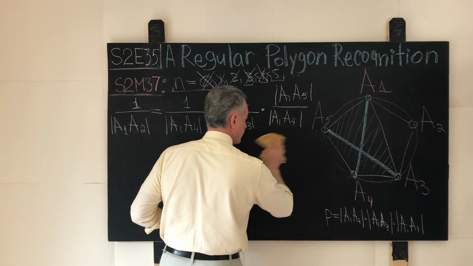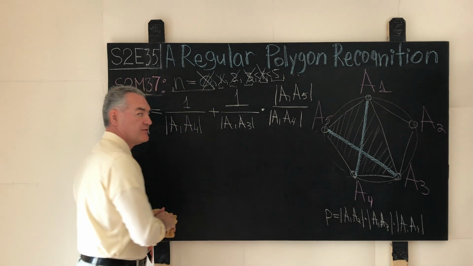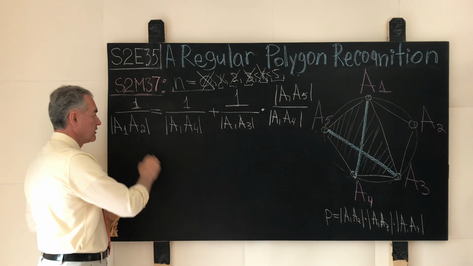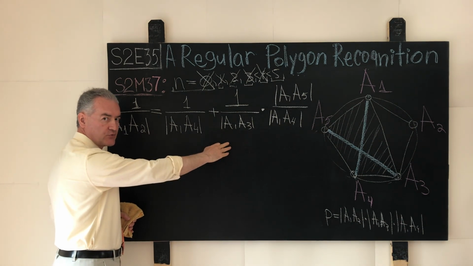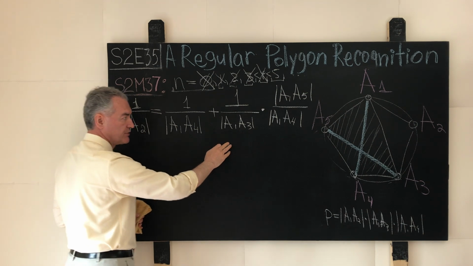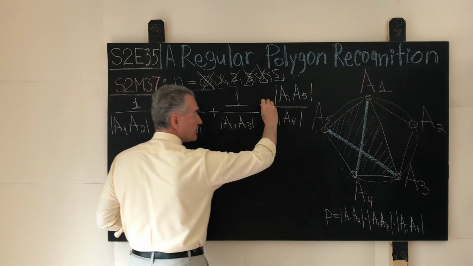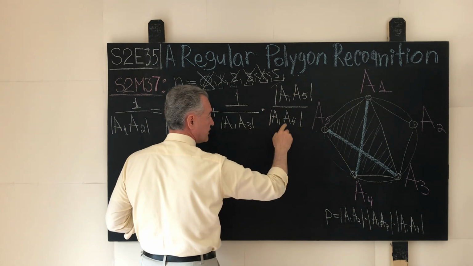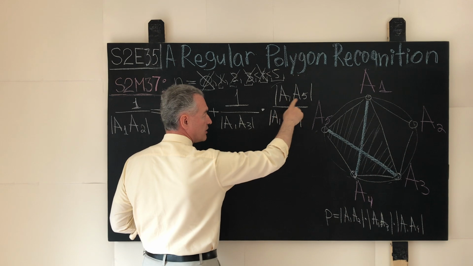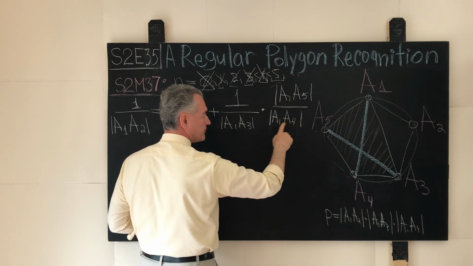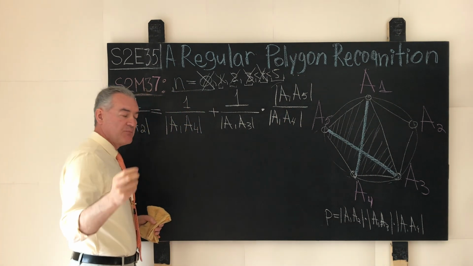In terms of an if P then Q implication, that means that if the given constraint applied to the distances across the vertices of the given regular polygon does hold, that means that this factor over here must be 1, and that means that the distance between the points A1 and A5 and A1 and A4 must be one and the same.